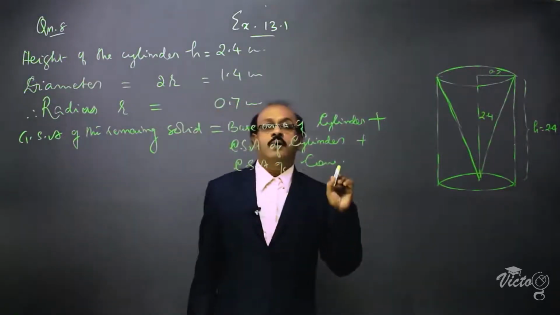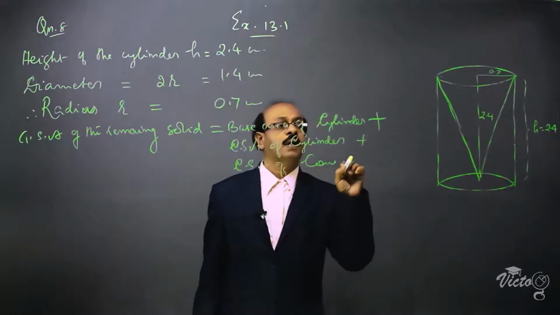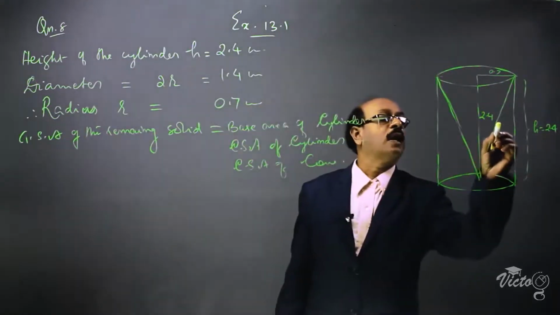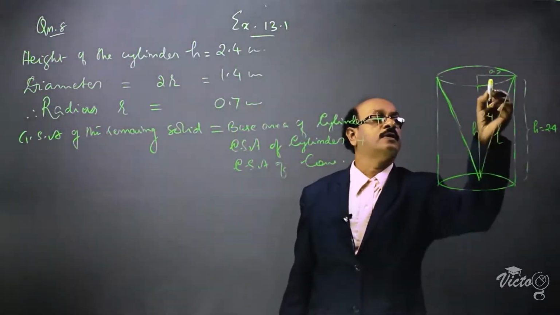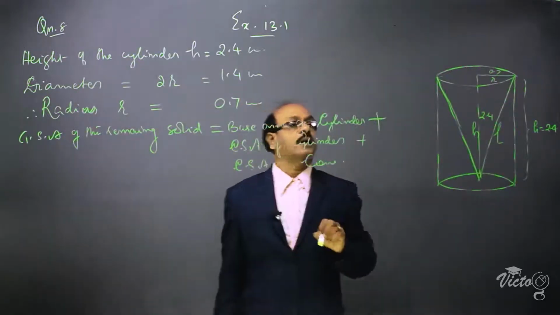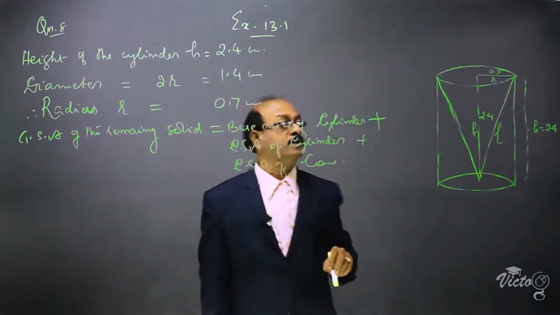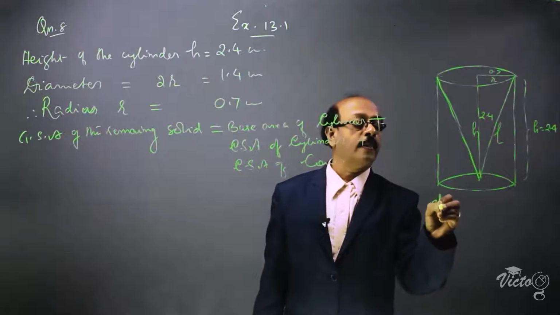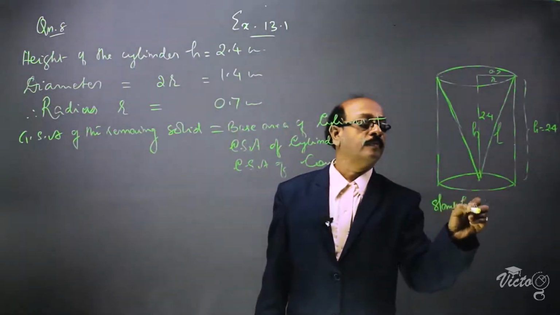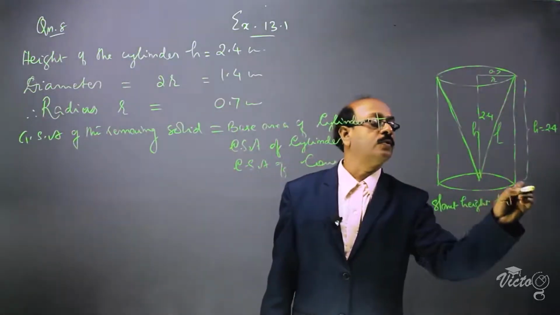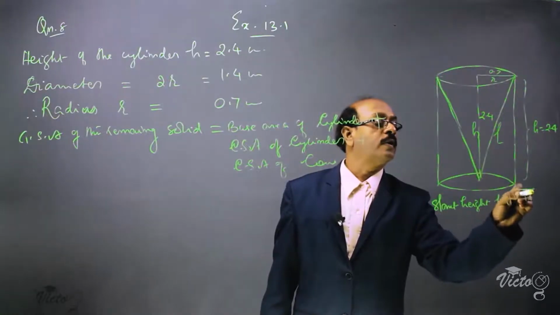For that, we have to find out the slant height L of the cone. This is the slant height L, this is H and this is R. The formula connecting L, H and R is slant height L is equal to root of H square plus R square.